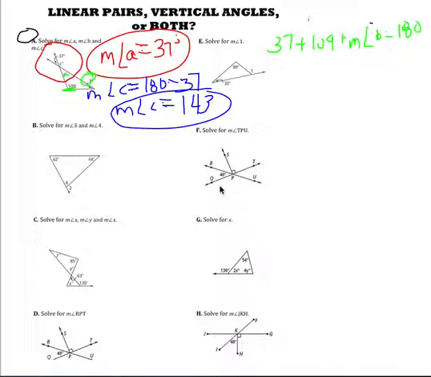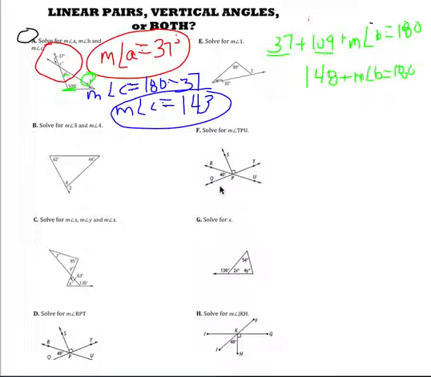And now all we have is an equation we need to solve for, and all we need to use is just some simple addition and subtraction. So when we combine our like terms on the left, we get that 109 plus 37 is 148, plus the measure of angle B is 180.